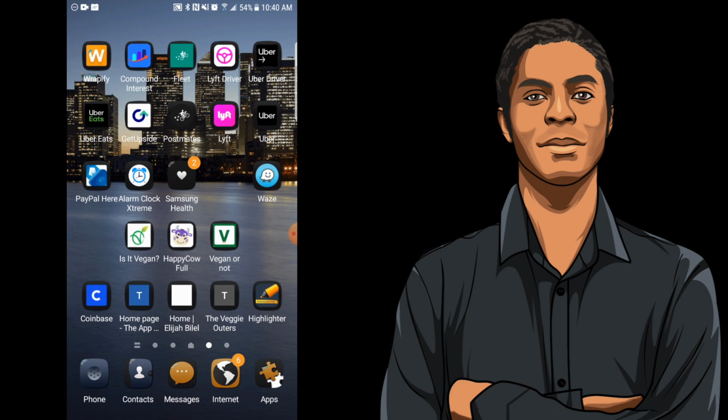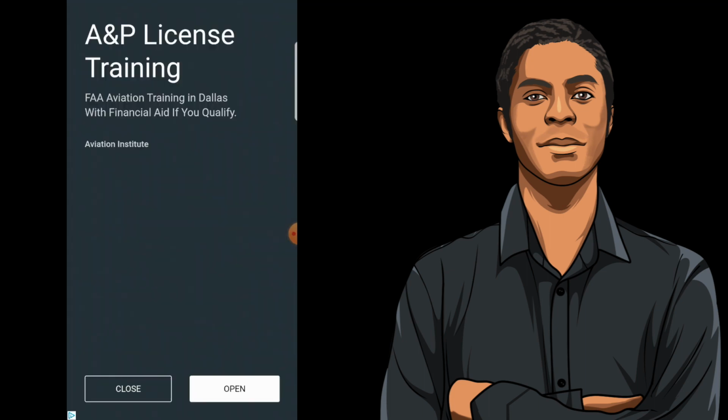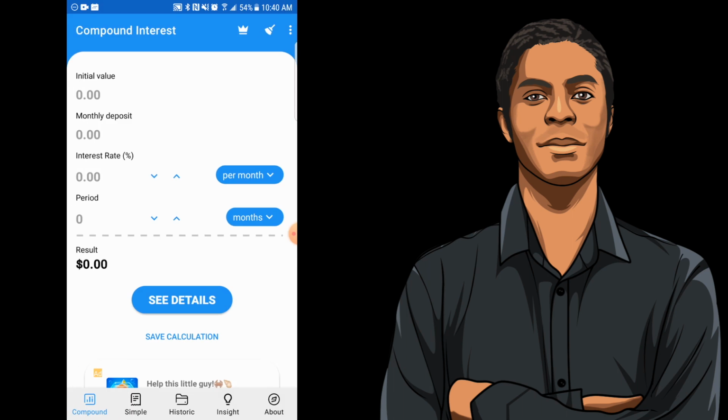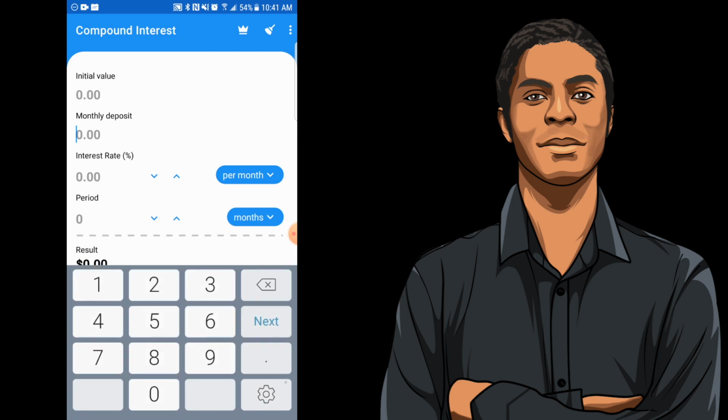So here we have a compound interest calculator, and you can always download this off of the App Store. For those of y'all that don't know what a compound interest calculator is, we spit in a few numbers, and it's going to give us a result. So the initial value is going to be 0. We're going to assume that you're starting from scratch, and we're going to put in $100 per week, just like in the example.